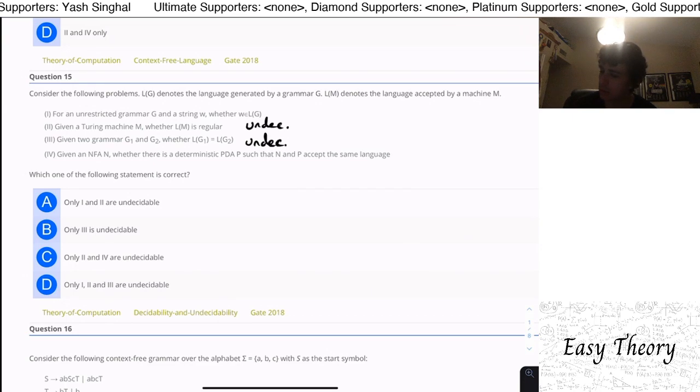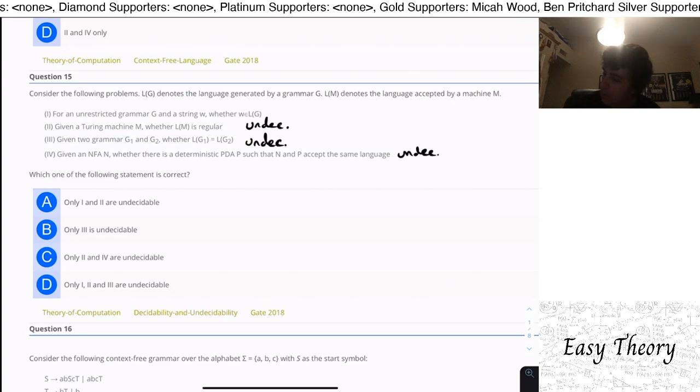For an unrestricted grammar G, 4 is undecidable, because if you have the NFA have sigma star, that's asking if the PDA's language is sigma star, but that's undecidable because of essentially the same reasoning as EQ.